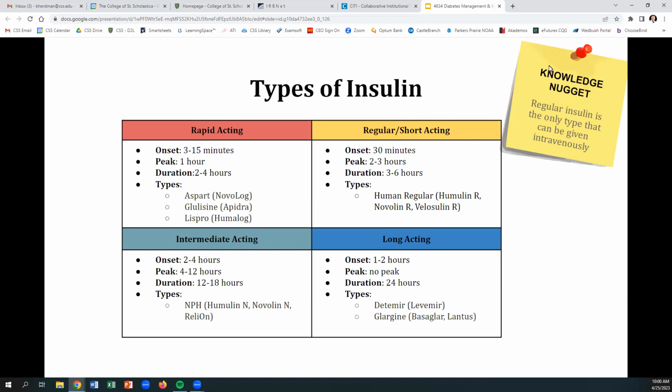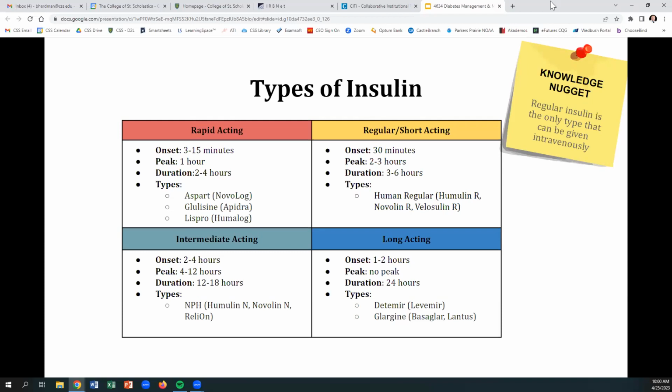So I want to draw your attention to the little post-it note up in the right-hand corner here. This might be important to know for your quiz later on: regular insulin is the only type of insulin that can be given intravenously. Okay, so that's important to know.